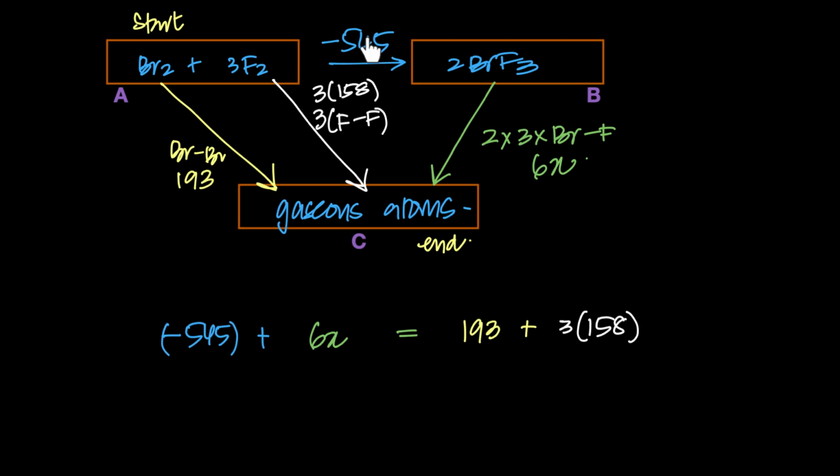All are positive except for delta H. Bond energies are always positive values. This will give you a value for 6x. You take this to that side and you get a value here. So x comes out to positive 202 kilojoules per mole.